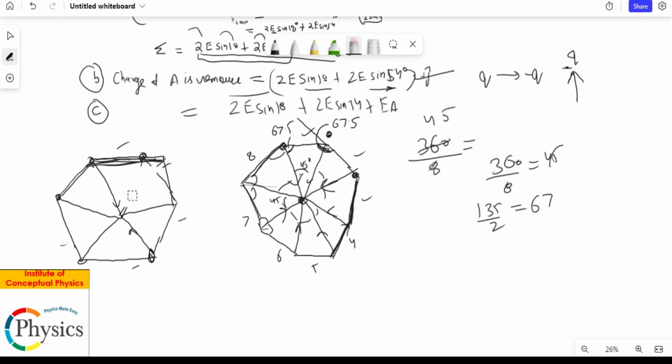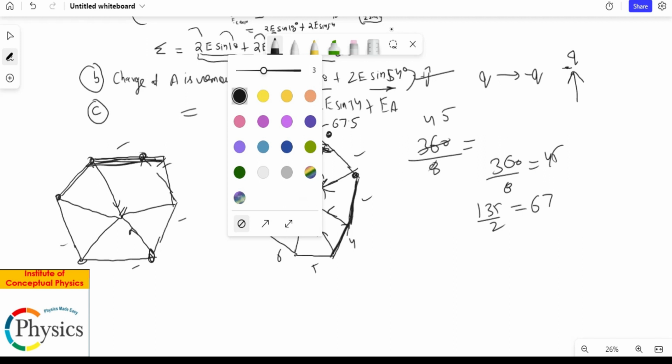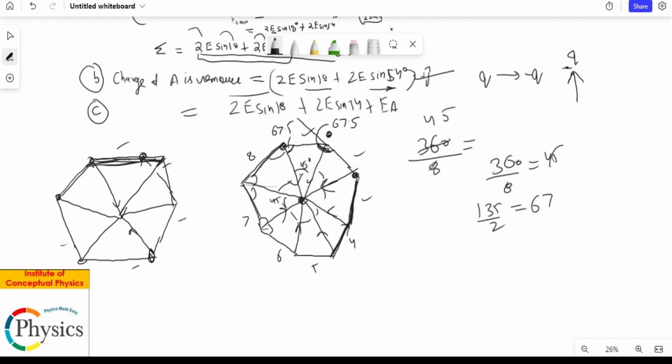If I draw a correct hexagon like this, then these two are opposite to each other, and these two are also opposite to each other, and so is the case with these two. Okay, this has not come out as nice as I would have thought, but I'm trying to draw something better than this.